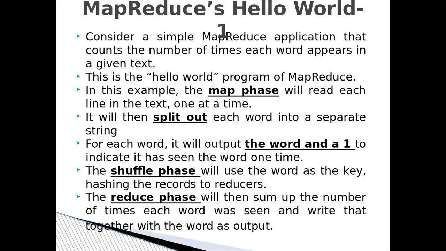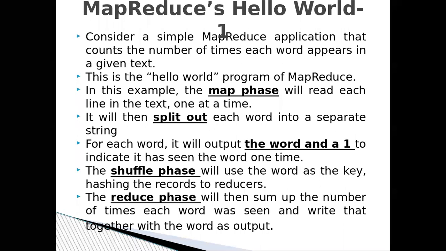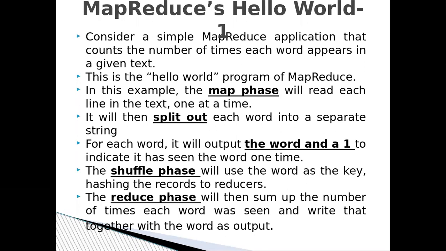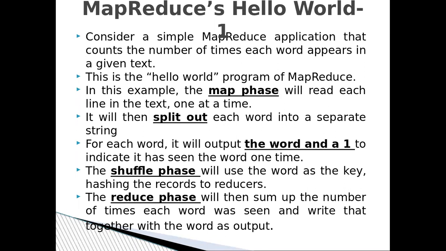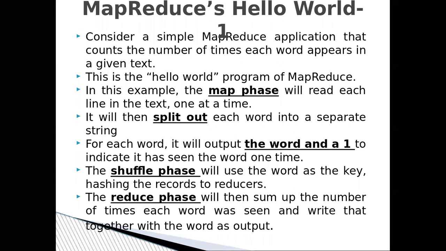Then it will split out each word into a separate string, and for each word it will output the word and a 1 to indicate that it has seen the word one time. Then in the shuffle phase, it will use the word as the key, hashing the records to reducers, and reducers will then sum up the number of times each word was seen and write that together with the word as the output. So this is how map, shuffle, and reduce work for this particular word count application.